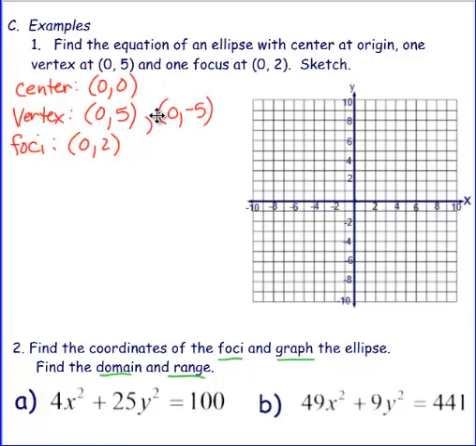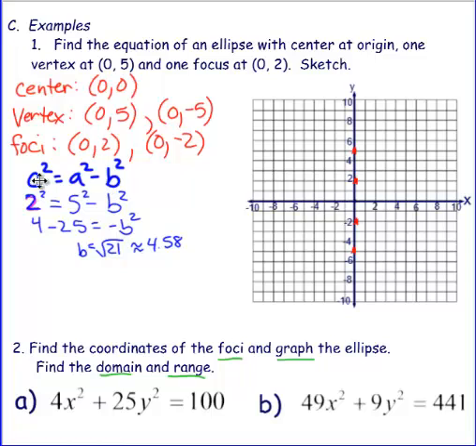So the other vertex is in the opposite direction at (0, negative 5), and the focus is in the opposite direction at (0, negative 2). So one vertex at (0, 5), my other vertex at (0, negative 5), and then my foci at (0, 2) and (0, negative 2).